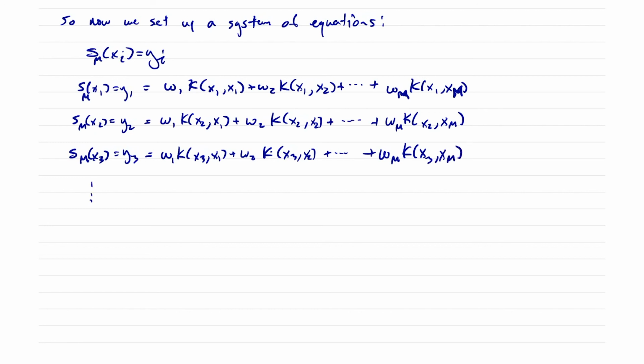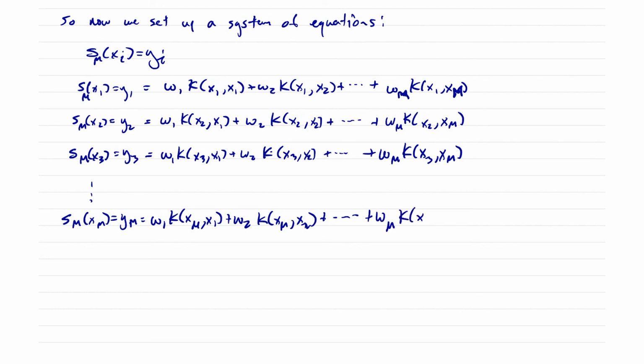And I'll just do this last one: s of xm is equal to ym, which is equal to w1 k of xm x1 plus w2 k of xm x2, all the way up until wm k of xm xm.